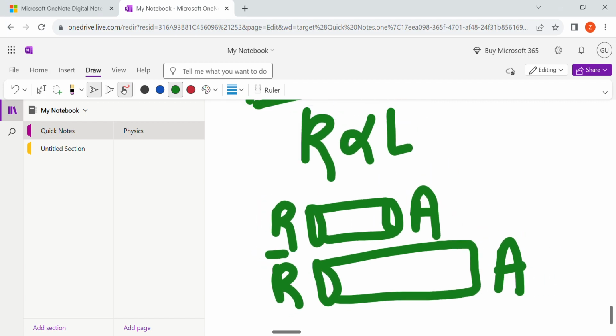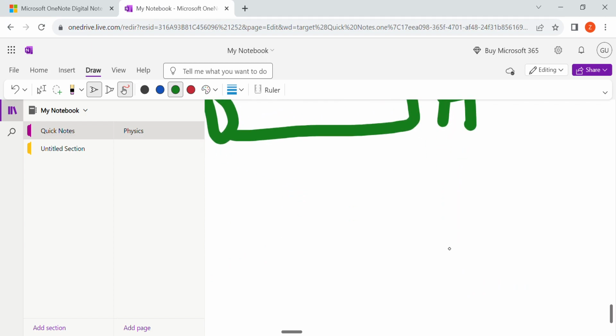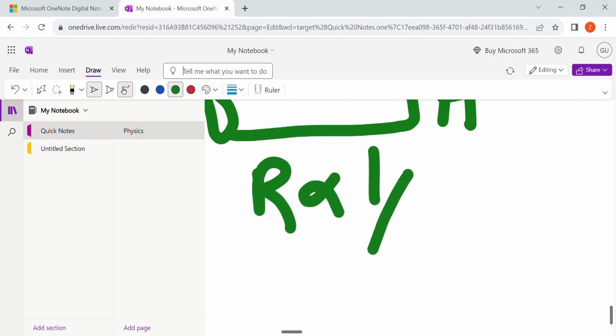Alright, so by this relation we got to know that the resistance of a conductor is inversely proportional to area.